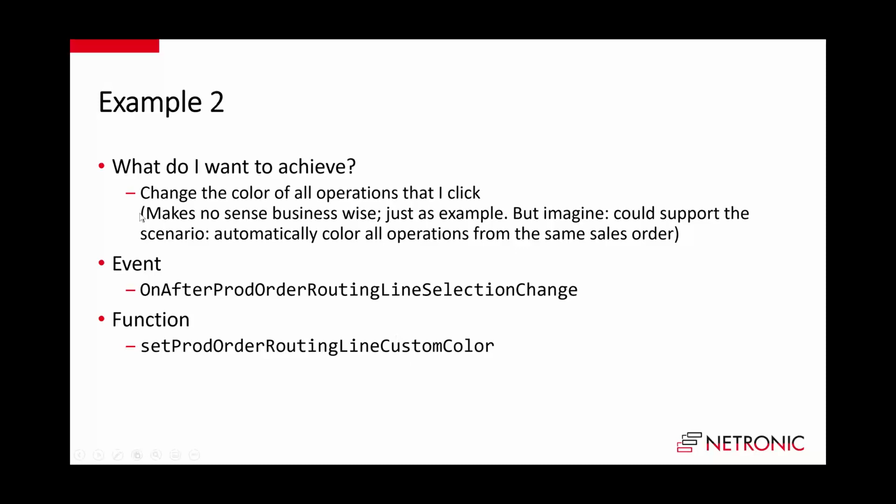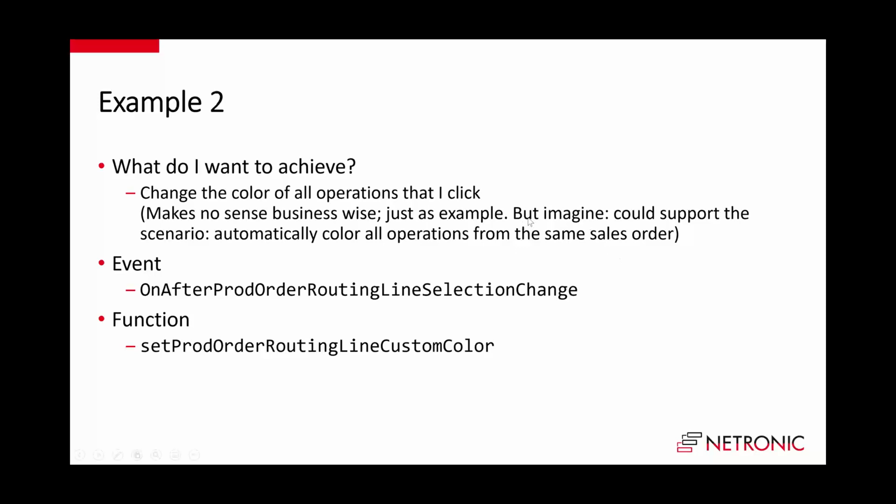So what is it that I want to achieve? Well, I want to change the color of all operations that I click. And okay, this makes no sense. I click this and it gets another color. I click this and it gets a new color. I click this and it gets a new color. So this kind of feels like a game for a 3-year-old who has to learn colors, but business-wise, it makes no sense. It's just an example.